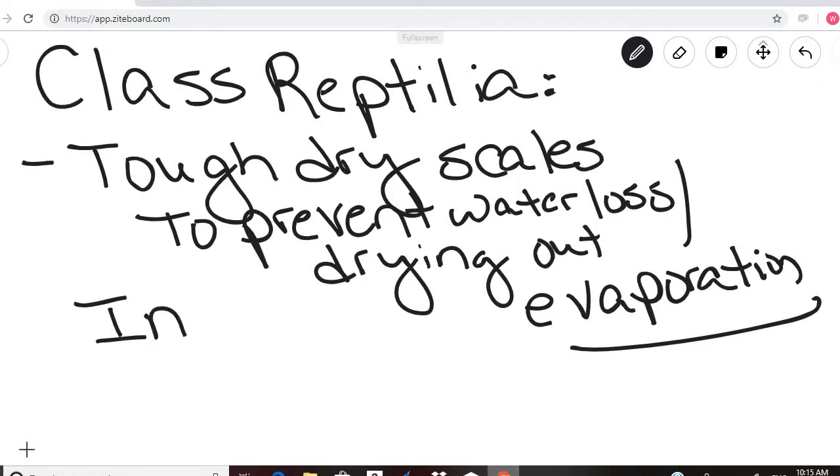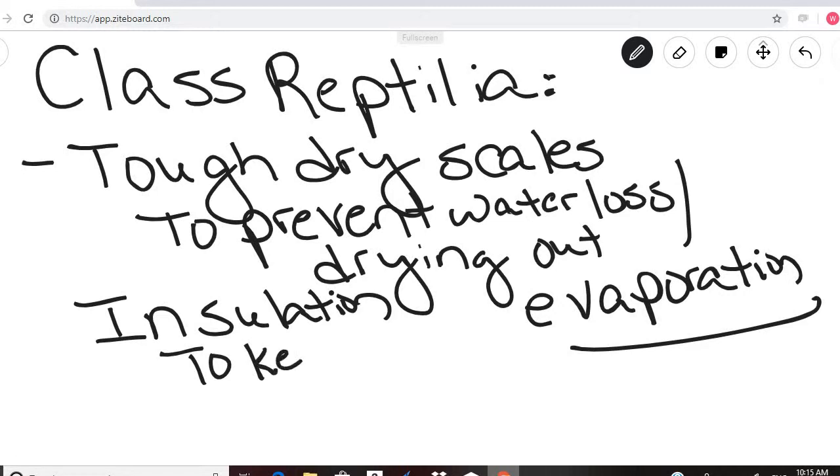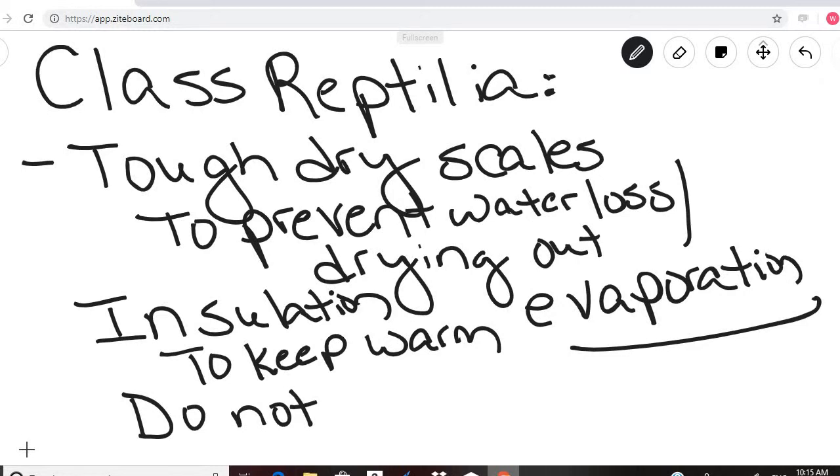The other thing that the scales do is that they also provide insulation, so they help to keep them warm. And then the scales in reptiles do not grow, so they need to be shed in order for the animal to grow.